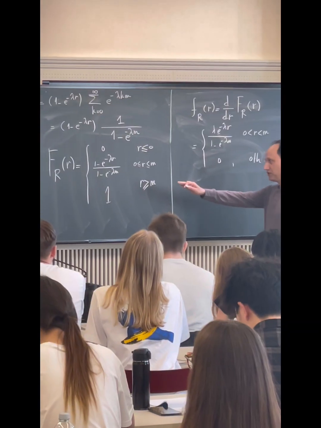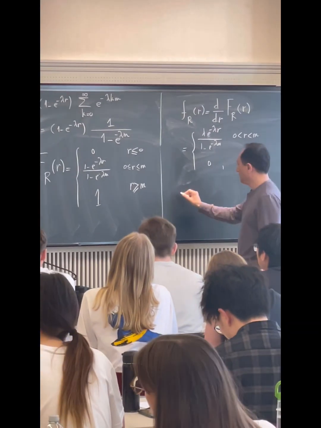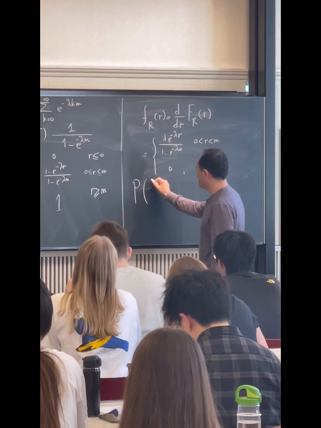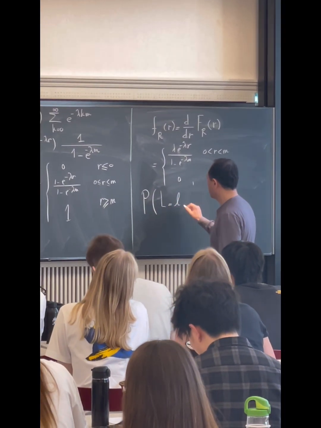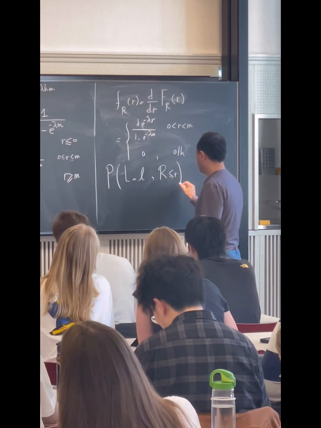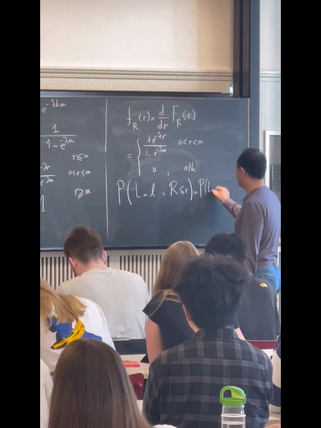Because one of them is continuous, one of them is discrete. So if I want to show that these random variables are independent, I have to show that this probability is equal to the product of these two probabilities.